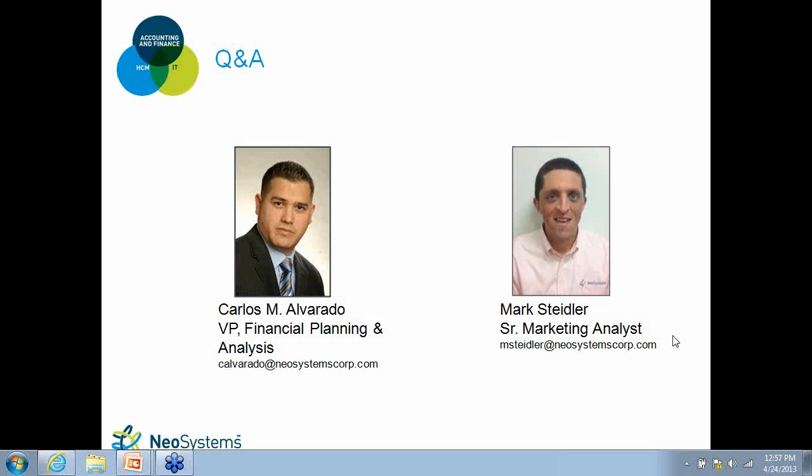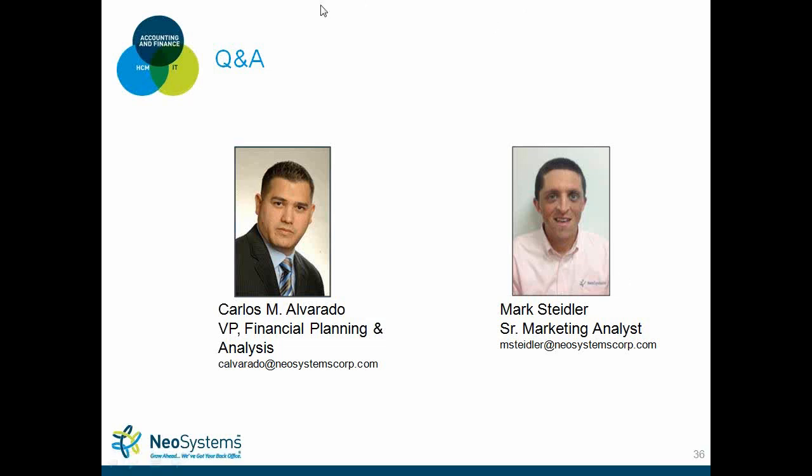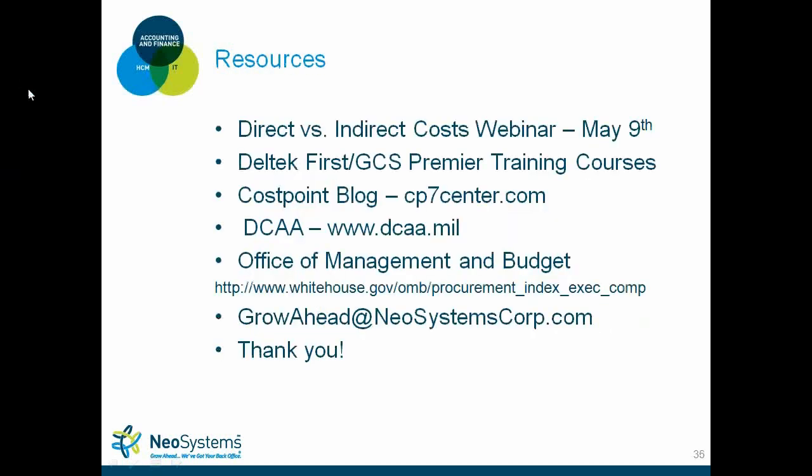Sure. Thank you, Mark. And one last question here is, where can you find the data on executive compensation limitations? Mark, if you can take me back to the resources slide. The Office of Management and Budget is where they publish the executive compensation thresholds by year. I believe it's only through 2011 up to now, but I think they usually post that in late April.